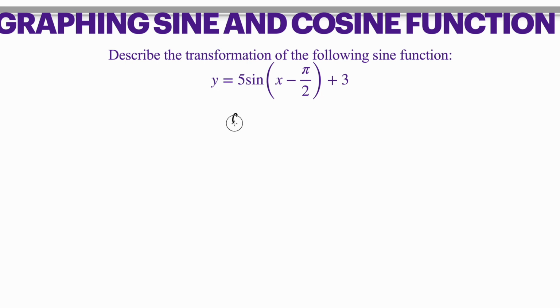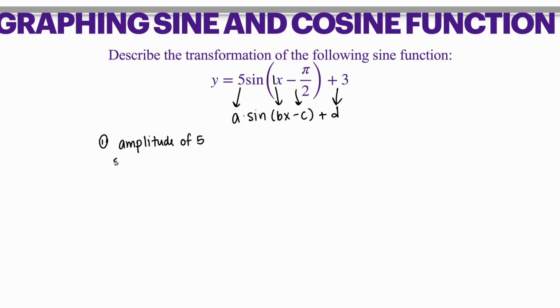So again, we have a times sine of bx minus c plus d. 5 represents a. The number in front of x represents b, which means that it is a 1. And then 3 equals d. So we would say that it has an amplitude of 5. That is number 1.